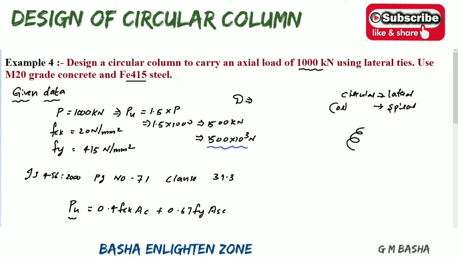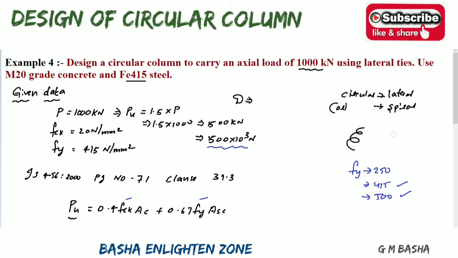And what are the remaining things here? fck is already given in the question and fy is also given. If it is not mentioned, assume your own grade of concrete and grade of steel. There are 3 grades of steel, that is fy equal to 250, 415 and 500. It is better to take 415 or 500 if it is not mentioned.